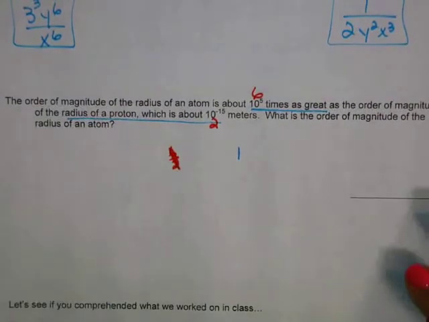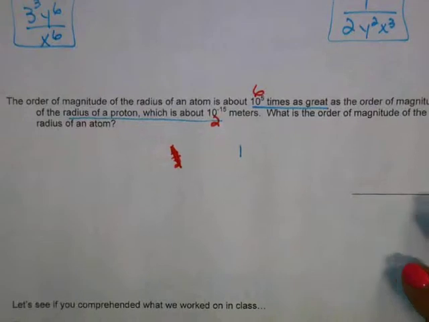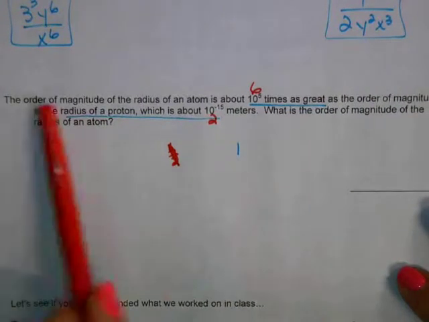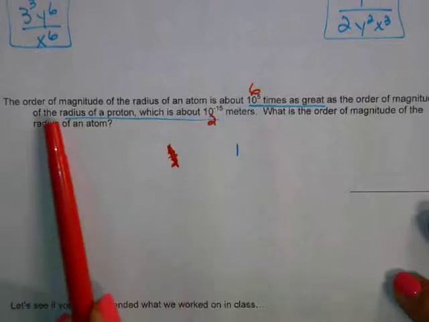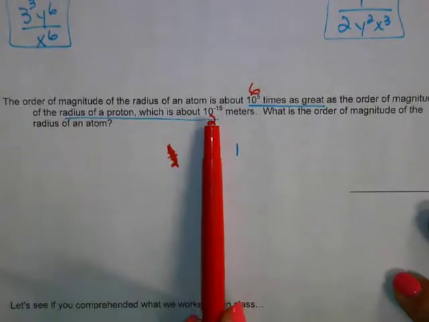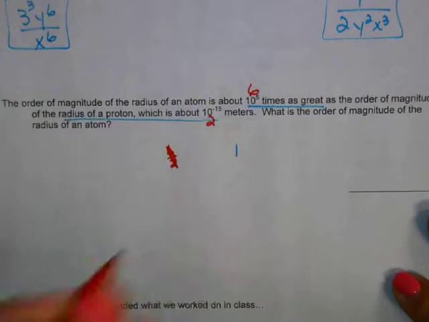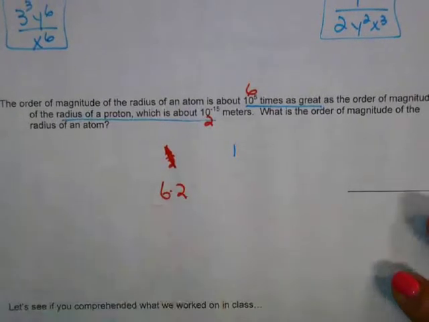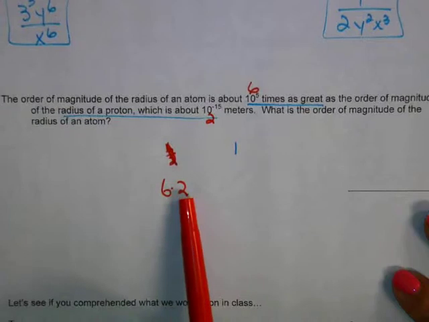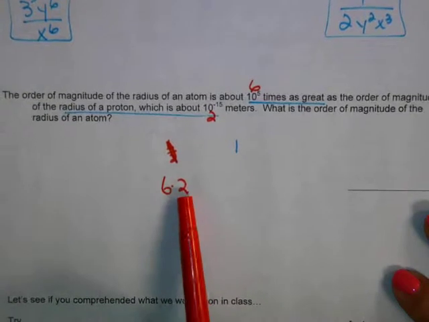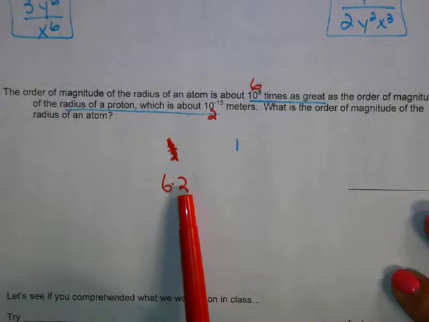Somebody corrected me. Would you divide? No. If the order of magnitude of the radius of an atom is 6 times as great as the order of magnitude of the radius of a proton, and the proton is 2 meters, then I would have to do 6 times 2. Because it's 6 times as great as the proton, right? Okay, now I know how to set it up.